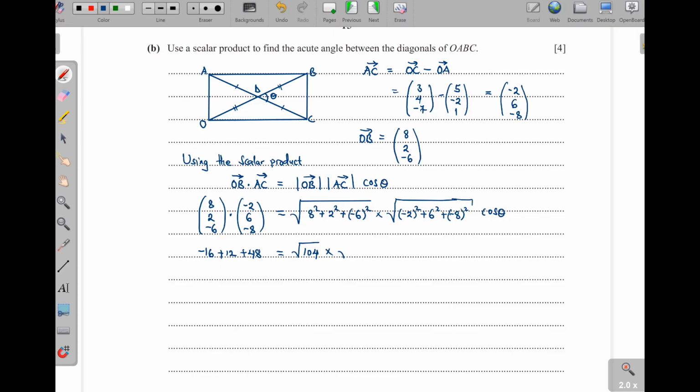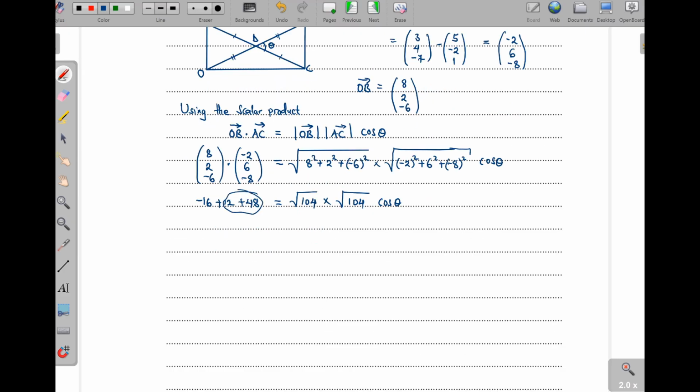Then times the square root of, this is the same thing, we are having the same entries, 8, 6, and 2. So it's the same here, times 104, then the cosine of theta. Now here we have 48 plus 12, that is 60. 60 minus 16, I think we get a 44.